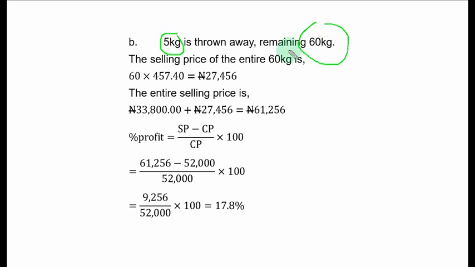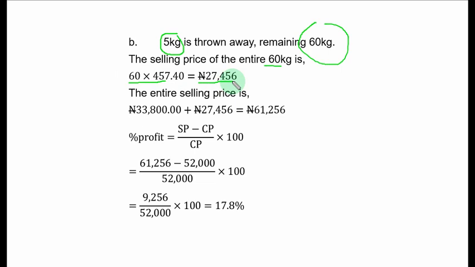Selling price for the entire 60 kilogram becomes 60 times selling price for 1 kg, that is 457.40, and that gives 27,456 naira. This is for the 60 kilogram.